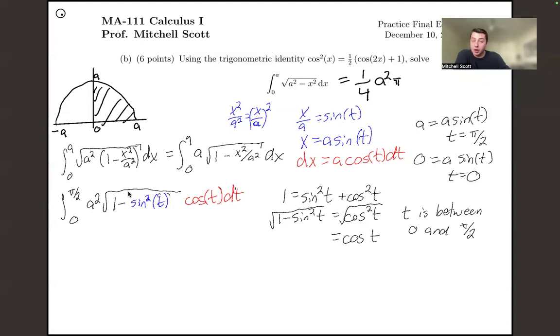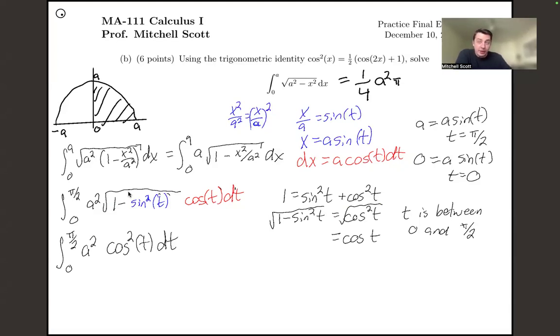So the square root of cosine squared of t is just going to equal cosine of t. Okay, so this is really helpful because now we can rewrite this integral as the integral from 0 to pi over 2 of a squared cosine squared of t dt.